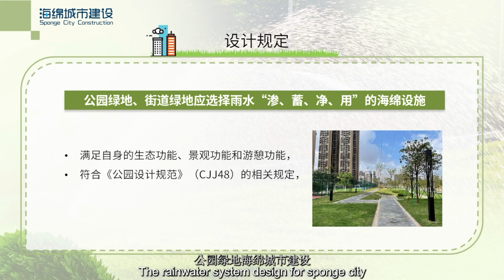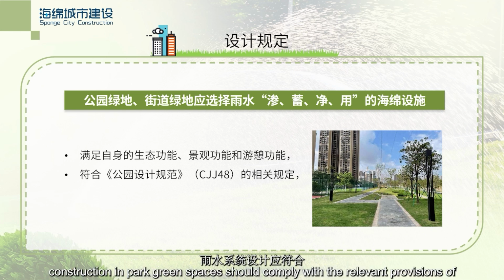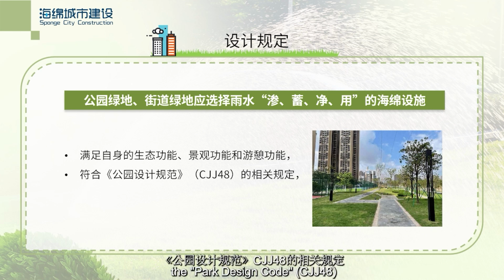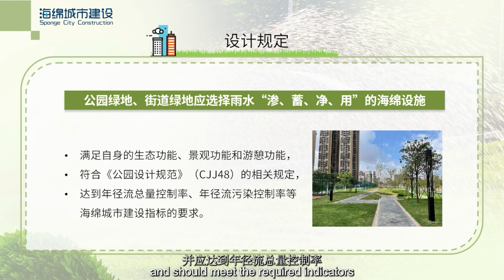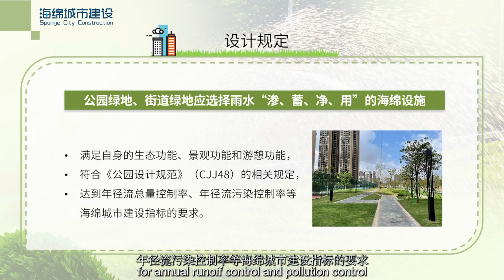The rainwater system design for Sponge City construction in park green spaces should comply with the relevant provisions of the Park Design Code, CJJ 48, and should meet the required indicators for annual runoff control and pollution control.